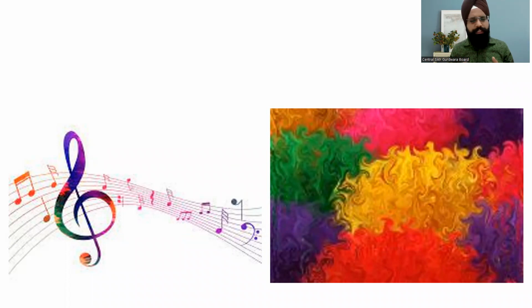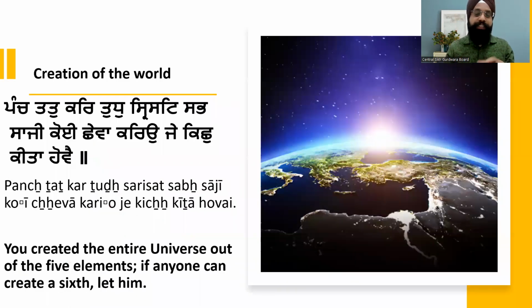In the same way, when we look at a picture or a painting, there are different colors. Then we are able to see more beauty in that picture. If it is just a picture of one color, it may not make that much impact. We need more colors to demonstrate things. So this is what we see in the world as well: more things, different things, different aspects to create beauty.